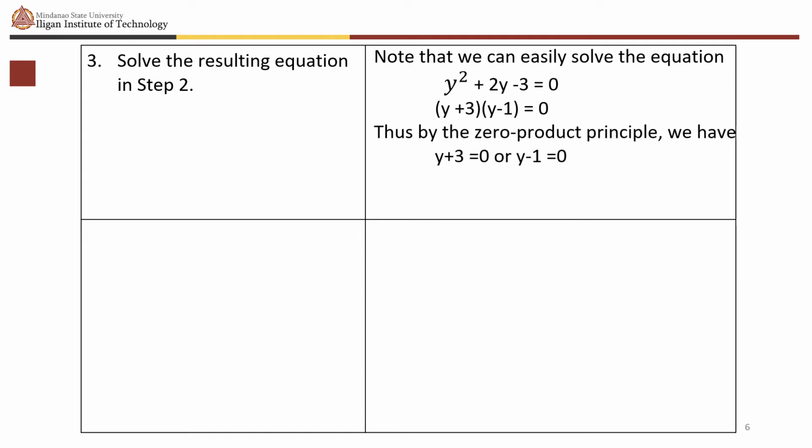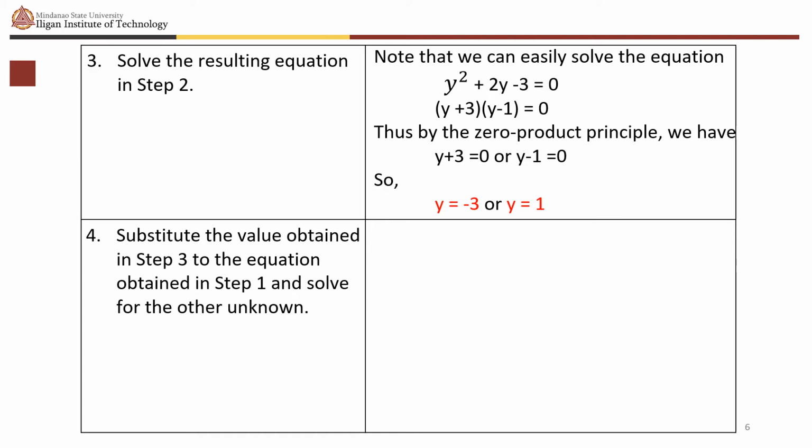So by the zero product principle, y plus 3 is equal to 0, or y minus 1 is equal to 0. And solving for y, it will give us y equals -3 or y equals 1.